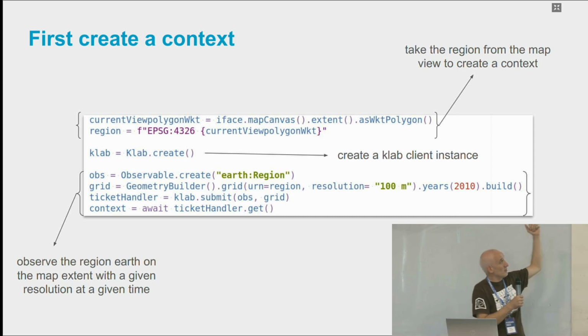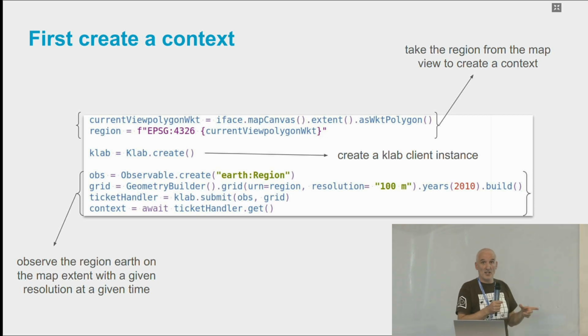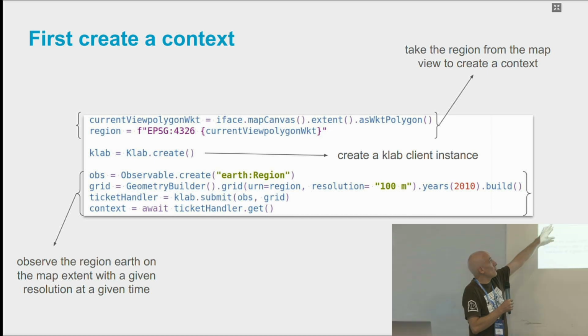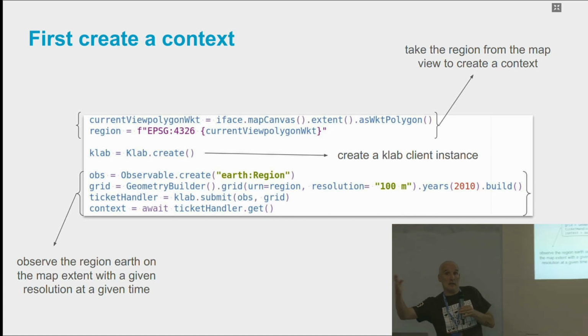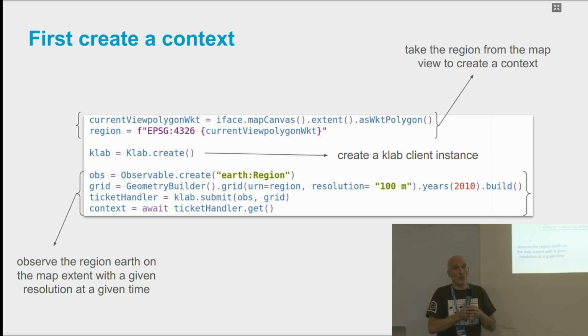You extract from the current map region the polygonal extent, you create a region, then you create a k.LAB client instance, and you can start to generate observables as a grid with a certain resolution and a position in time, and submit it to the client.